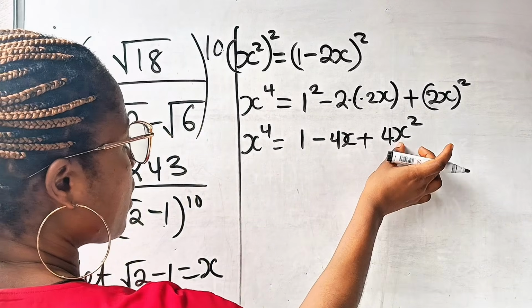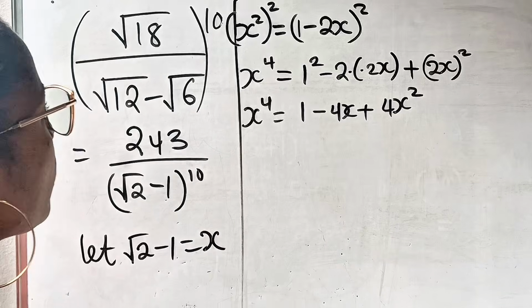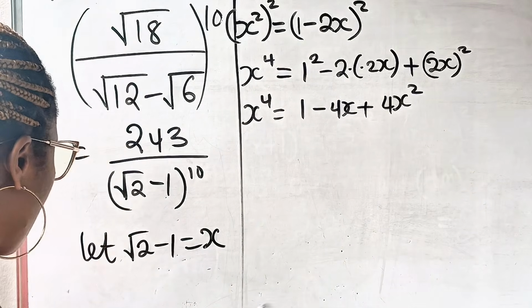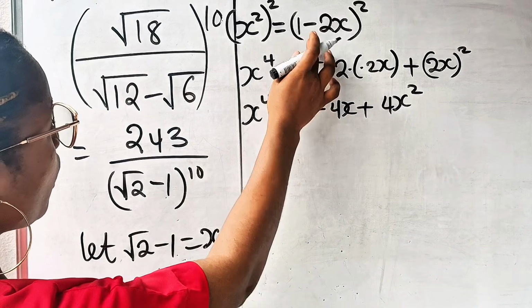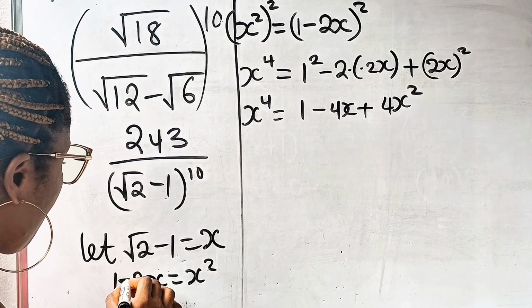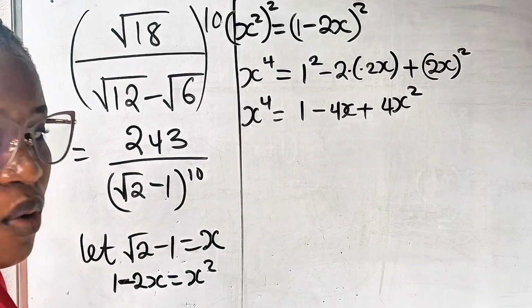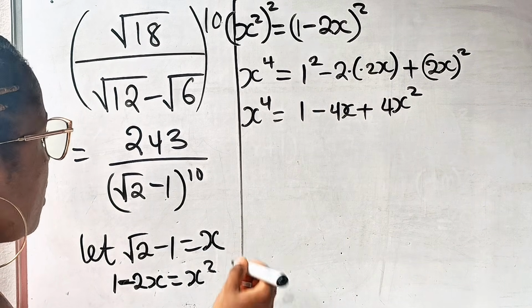Okay, now we have x squared here. We are going to substitute what we got as our x squared. So we have 1 minus 2x is equal to x squared. Very important equation, so I'll leave it here, because I will always refer to it.